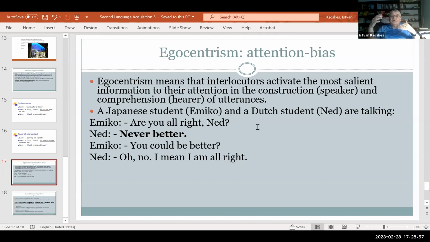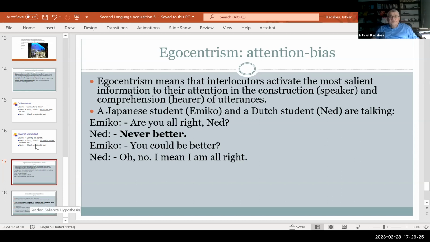That expression created some confusion in Amiko because its saliency for her differs from what was salient for Nad after all. So there is a slight misunderstanding between the two, and that slight misunderstanding is because of saliency.